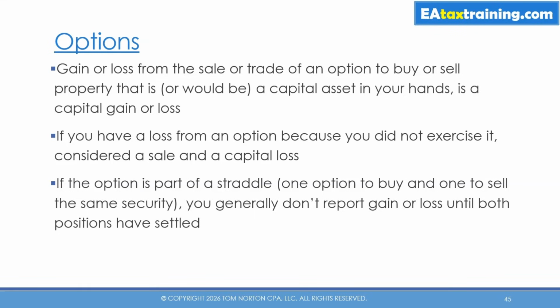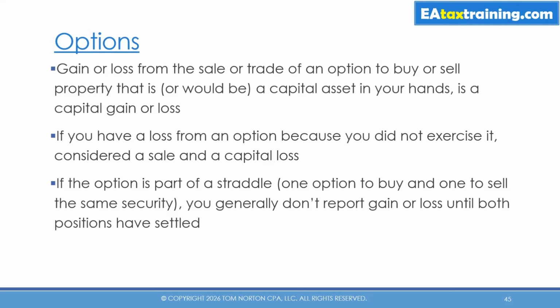If you have a loss from an option because you did not exercise it, it is considered a sale and a capital loss. So let's say you bought a stock option. You had a stock whose price was $20, and you thought that that price was going to go up. And so you bought an option to buy that stock 3 months from now for $21.